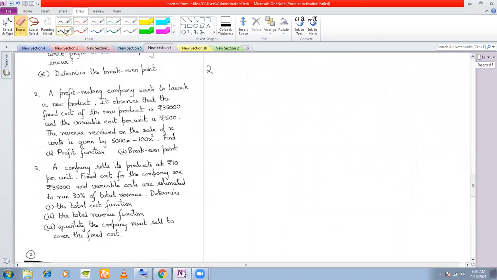Okay. Look here, a profit-making company wants to launch a new product. It observes that the fixed cost of the new product is 35,000. So given here, fixed cost is 35,000. And the variable cost per unit is equal to rupees 500.